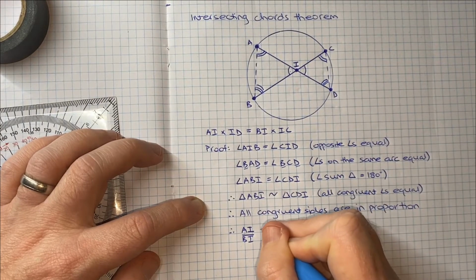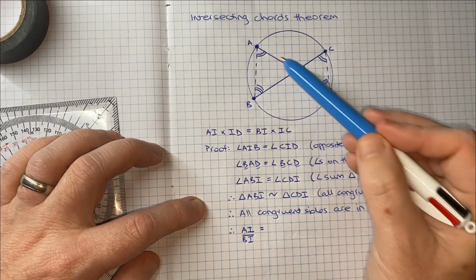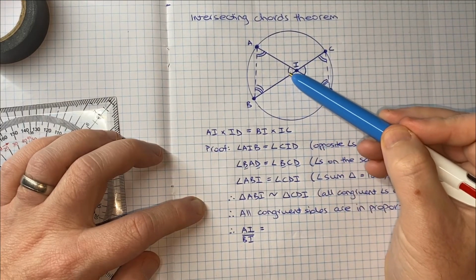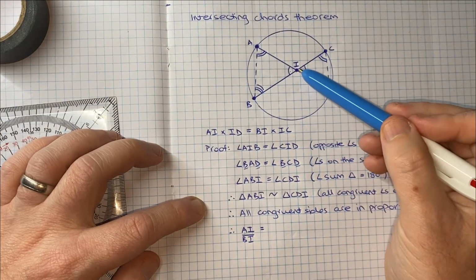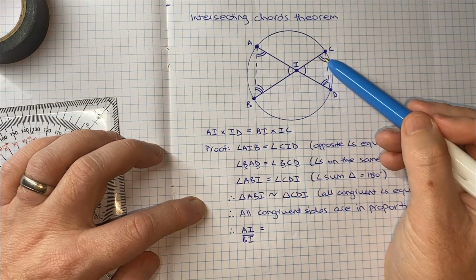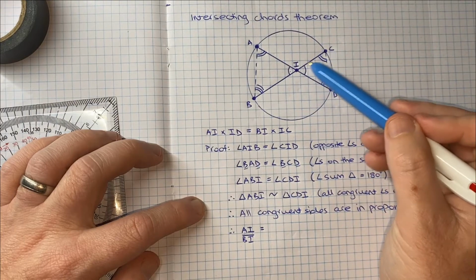So the key is, well, what are the equivalent sides? Well, side AI here is the side that has both this single line angle and the double line angle. And in this triangle, the side that touches both the single and the double line angles, in terms of the symbols I've used here, that's this line here, IC.